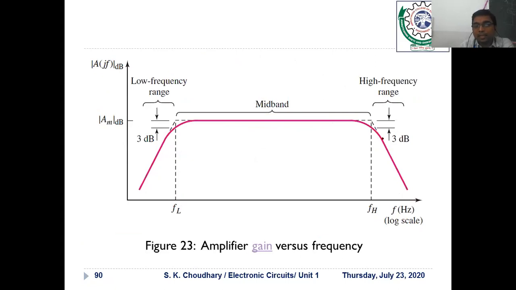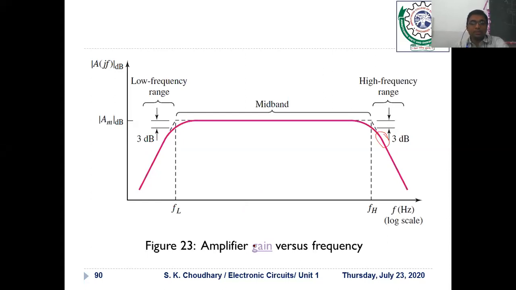Where your applied frequency is greater than FH, that is the high frequency range, and in between is the mid band frequency. This decrease in gain is because of the coupling and bypass capacitors. This is because of the stray capacitance and the junction capacitance. The elements responsible for decreasing the gain are different, but the effect is the same.